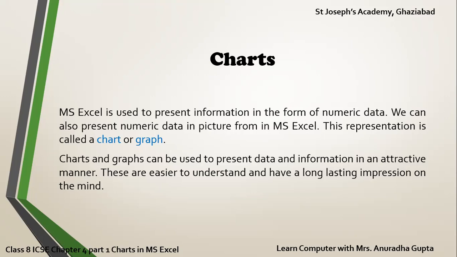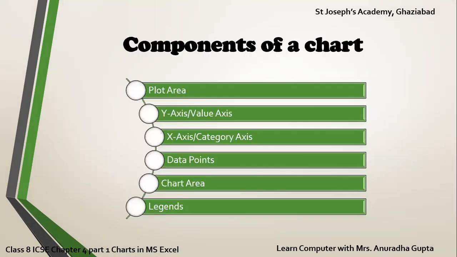Let's move to the second topic of the video, and that is components of a chart. First is plot area. Second, y-axis. Y-axis is also known as value axis. Then x-axis.